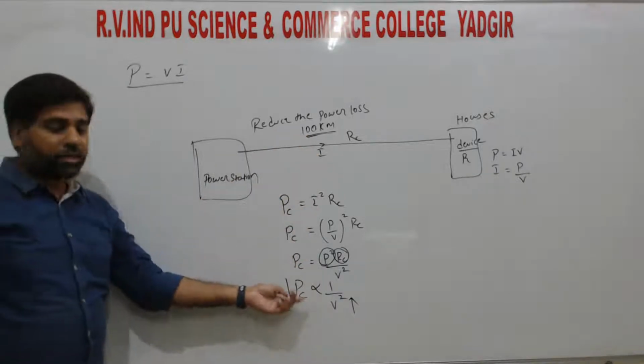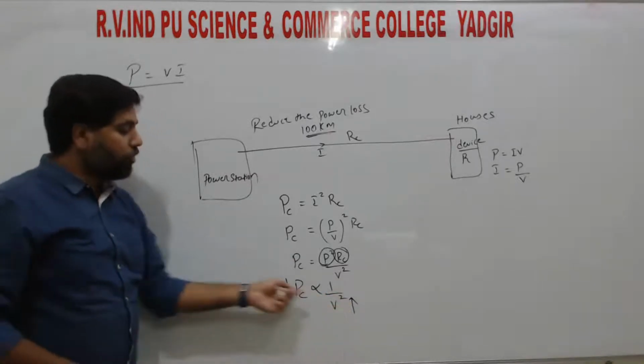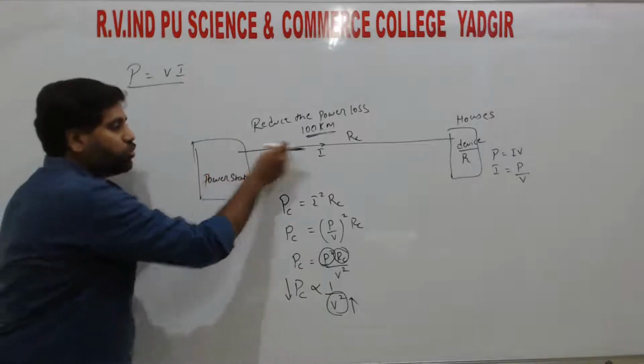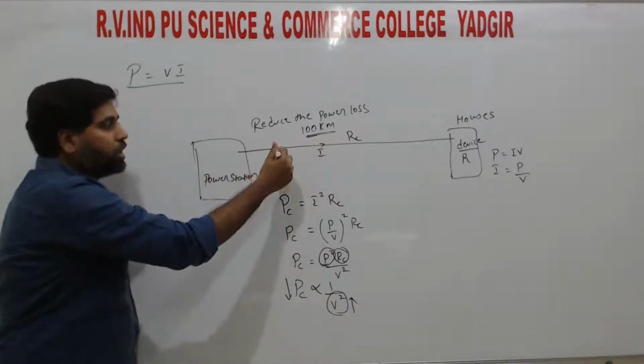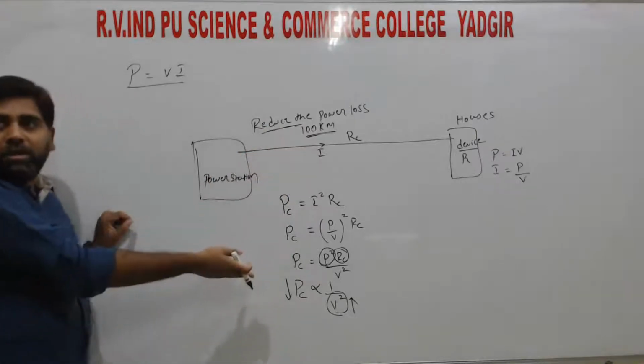The relation which is inversely proportional to V square. So as we increase the V value, that means the voltage we are supplying through the transmission cable is more, the power loss in the transmission cable is less, right?